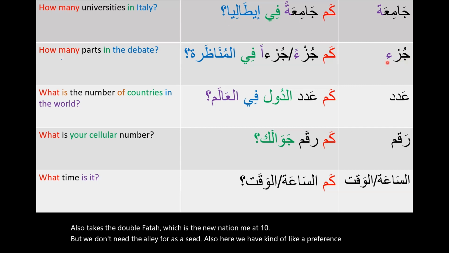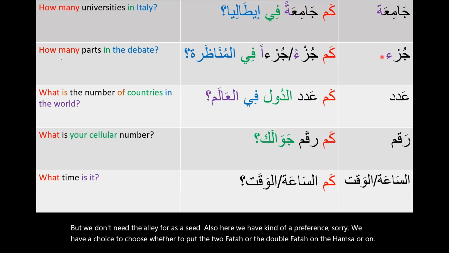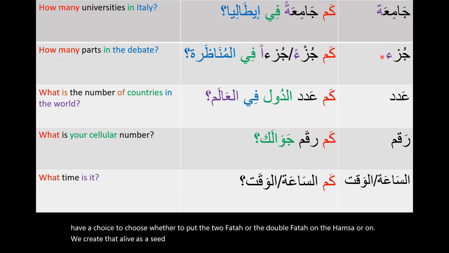Here we have a choice whether to put the double fatha on the hamza, or to put the alif as a seed. So كم جزءا أو جزءا في المناظرة. How many parts in the debate?